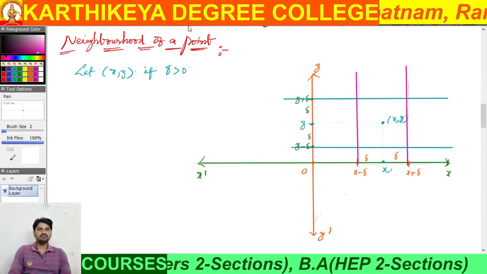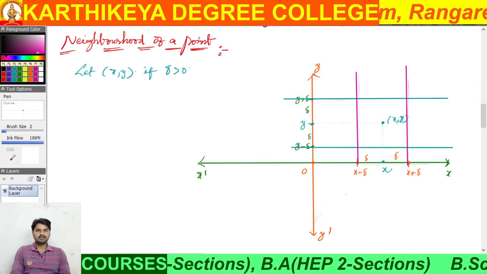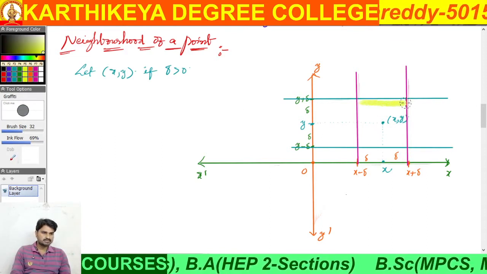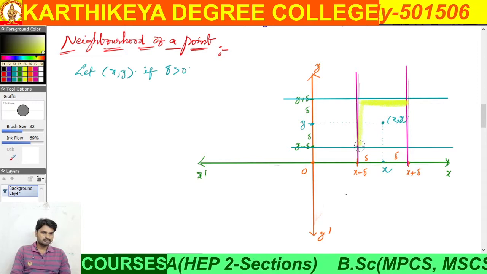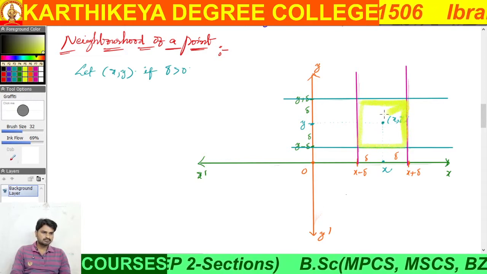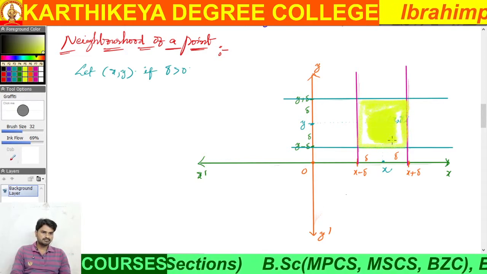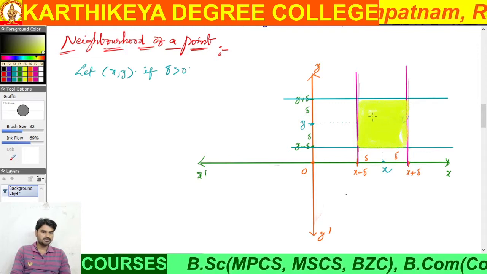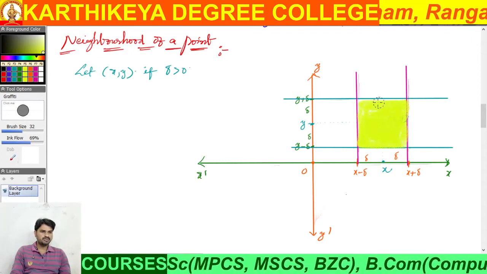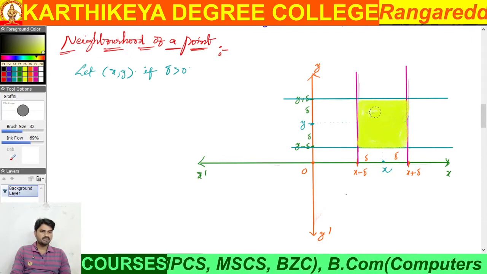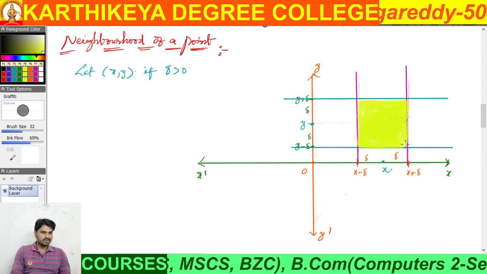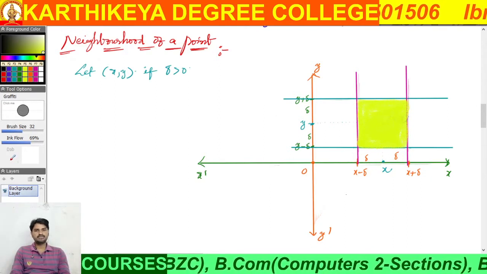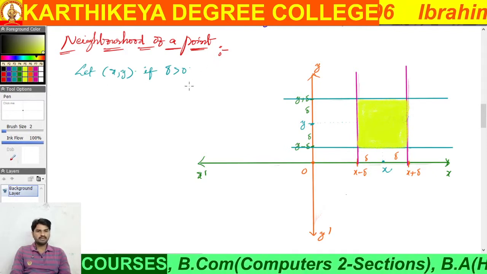The region which lies in this square is called the neighborhood of a point x comma y. Okay, students, if you observe, the neighborhood of a point x comma y is the square with side delta unit. Okay, this is the neighborhood of the point in the coordinate plane.